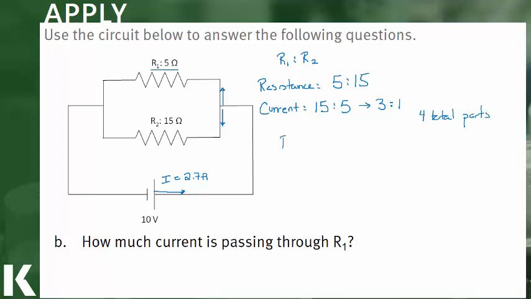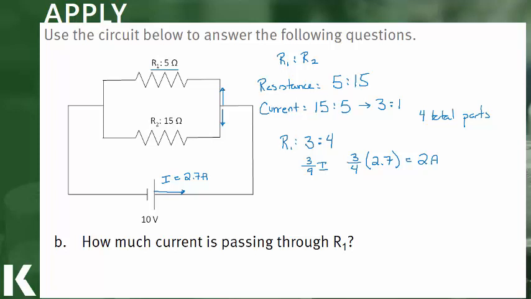So that means that for R1, our part-to-whole ratio would be 3 to 4, which means that 3/4 of our total current is going through R1. So if we say 3 over 4 and put in our current of 2.7, this would give us 2 amps.